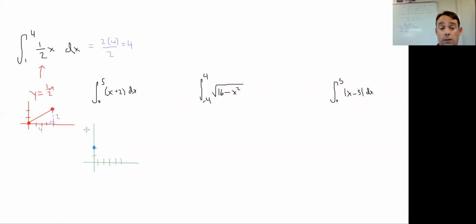And if I go out to 5 and I plug 5 in there, 2, 3, 5, 6, 7. So all we're doing here is taking this function, y equals x plus 2. I'm just graphing it. I'm going to find the area underneath this curve.